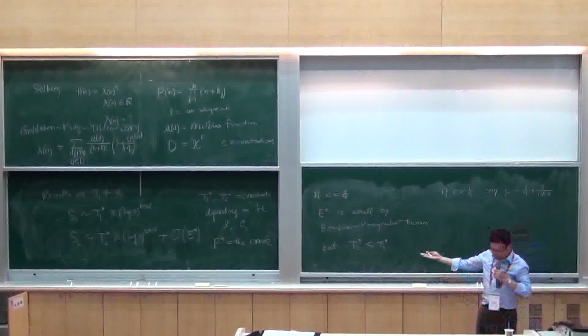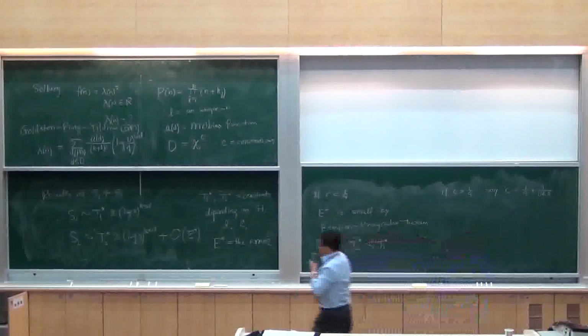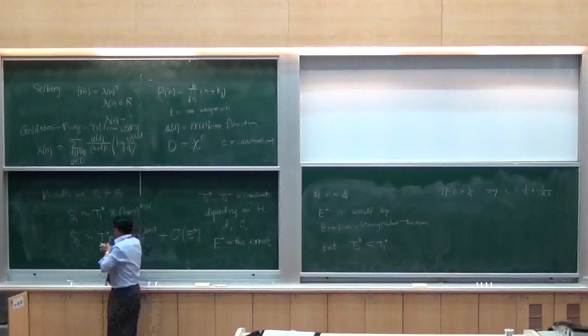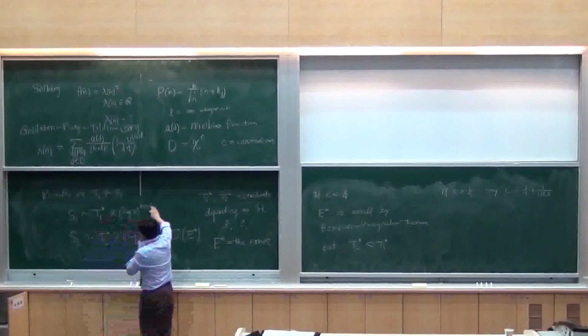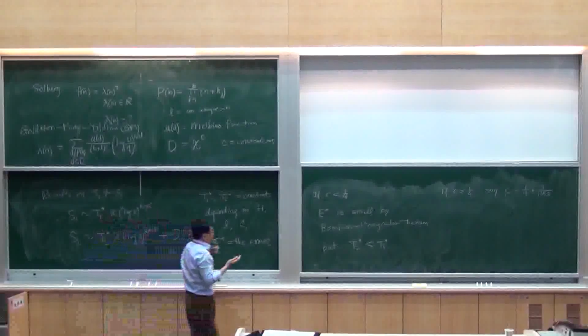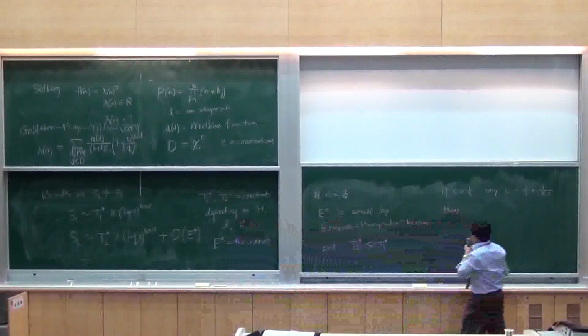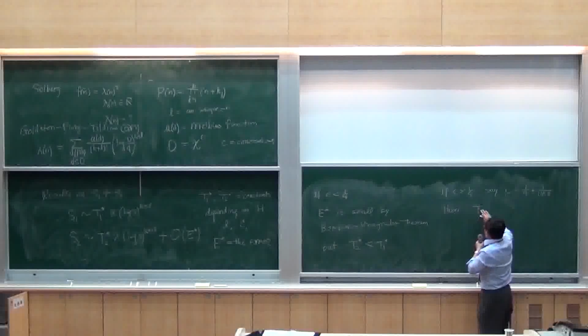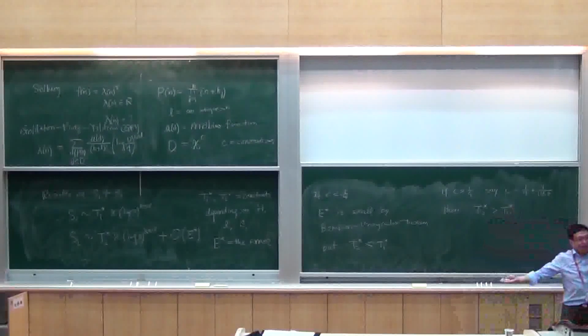Then if we compare the main terms, the coefficient in S2 star is larger, but this is smaller. But we need to choose the L, that's a minor problem. Then T2 star is greater than T1 star. So if we just compare the main terms, it's good enough.